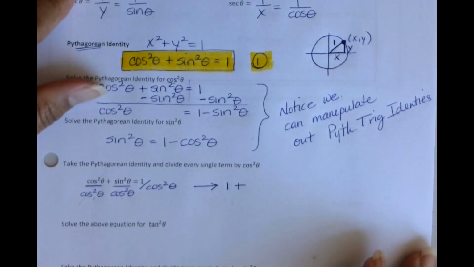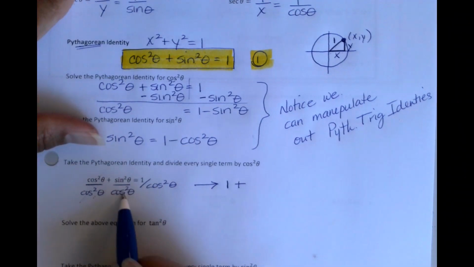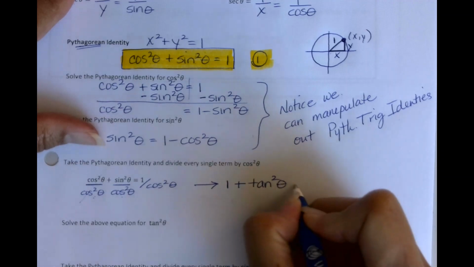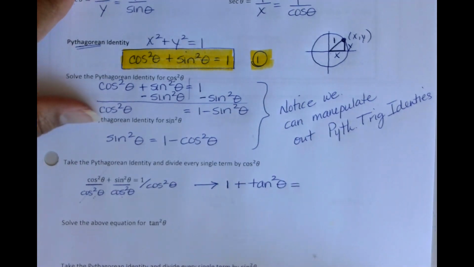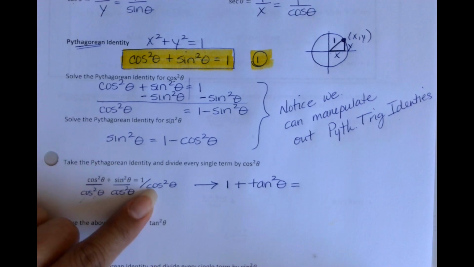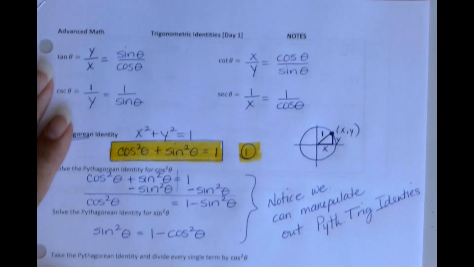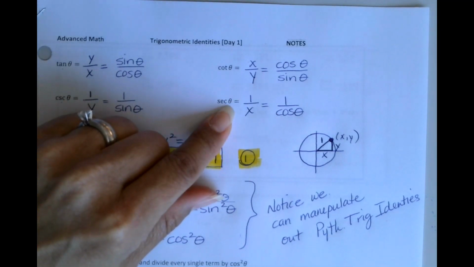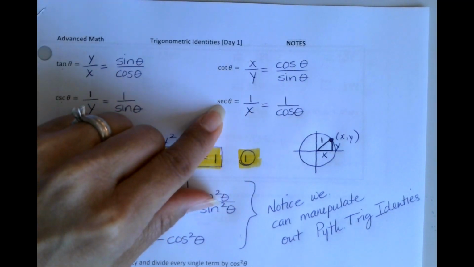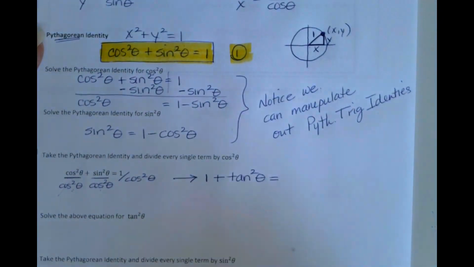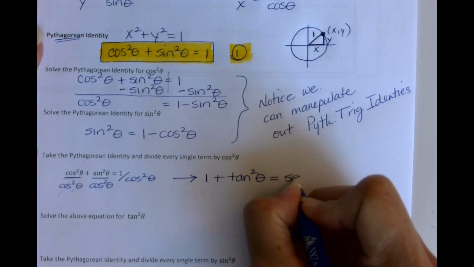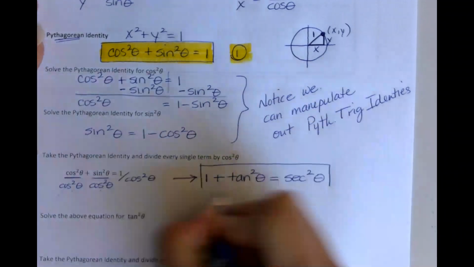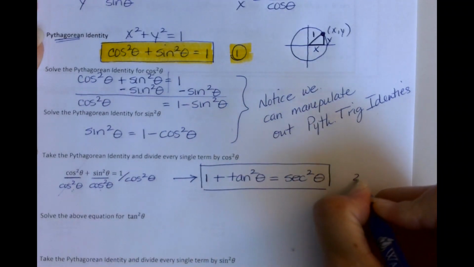So I'm going to come down here and replace sine squared over cosine squared with tangent squared theta, equals, going back upstairs again, 1 over cosine squared. 1 over cosine is secant, so 1 over cosine squared is secant squared. So coming back up here, secant squared. So here is our second trig identity.